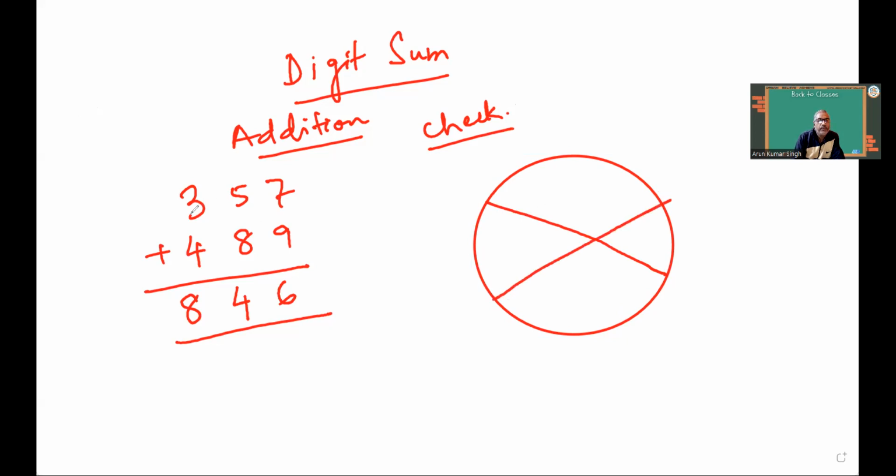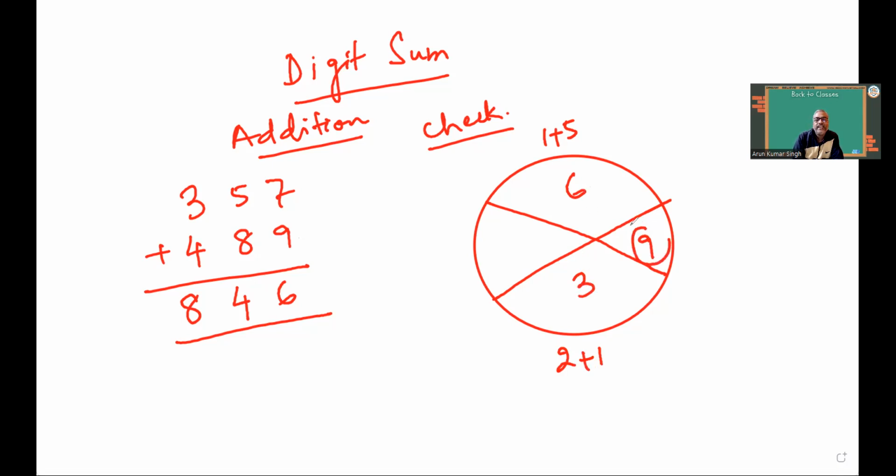Now 3 plus 5 plus 7: 3 plus 5 is 8, plus 7 is 15, and 15 means 1 plus 5 is 6. Now 4 plus 8 plus 9: 4 plus 8 is 12, plus 9 is 21, and 21 means 3. So 6 plus 3 is 9.